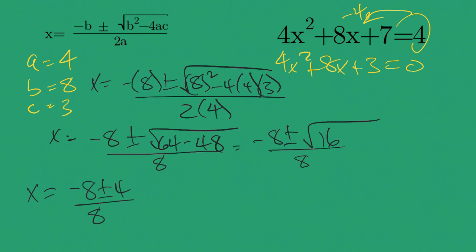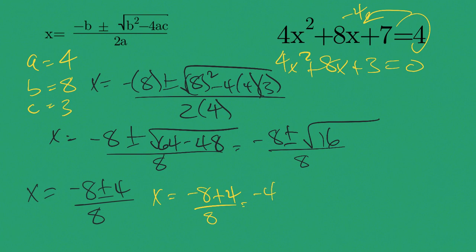Here's where the plus and minus comes in. The first one we're going to consider, x equals negative 8 plus 4 over 8. What's negative 8 plus 4? Negative 4.